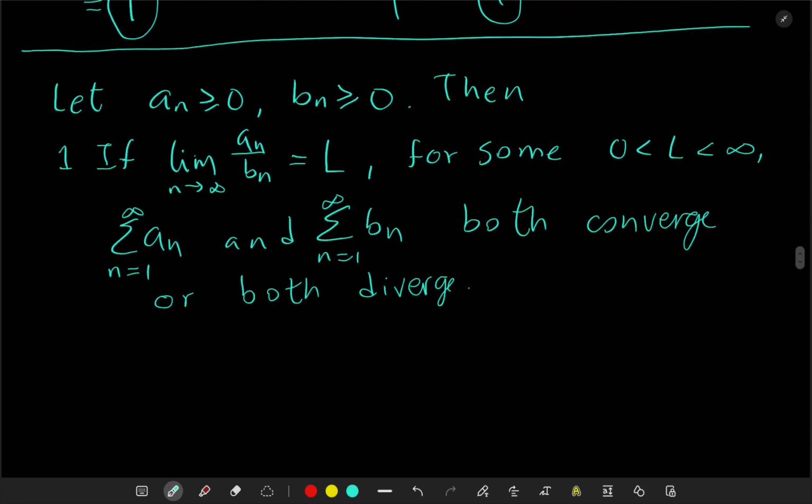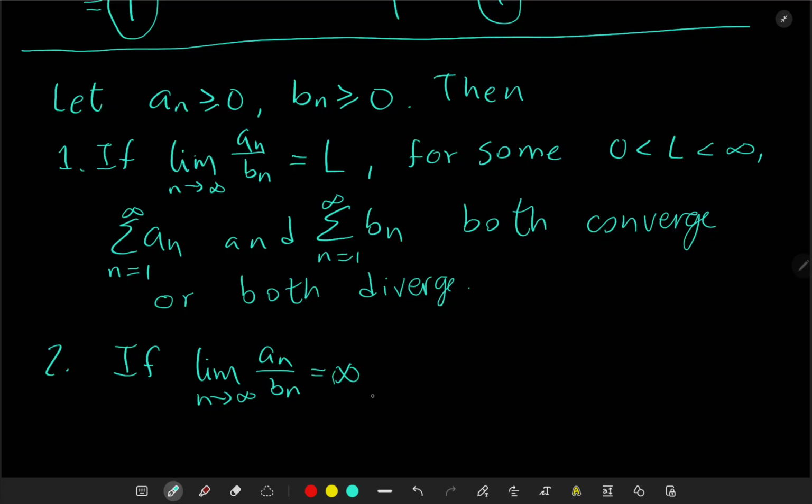Then you have to address the cases of infinity and 0. So what happens when the limit as n goes to infinity of an over bn goes to infinity? Well, they're positive, so it's just going to be positive infinity.